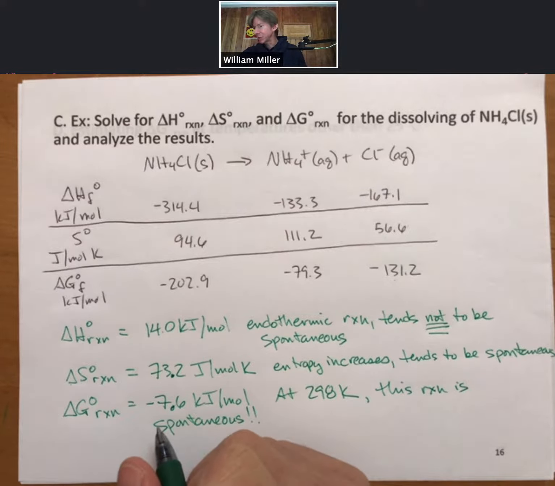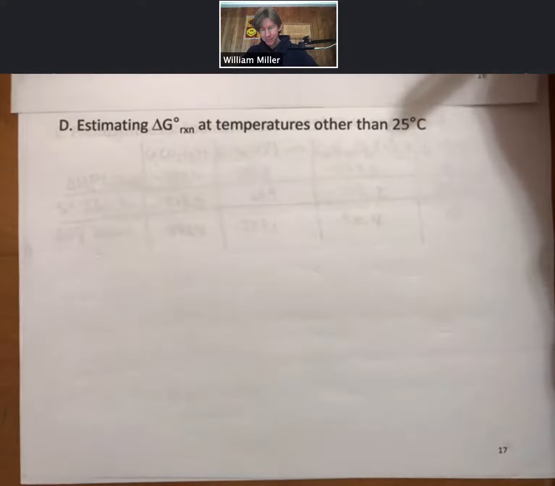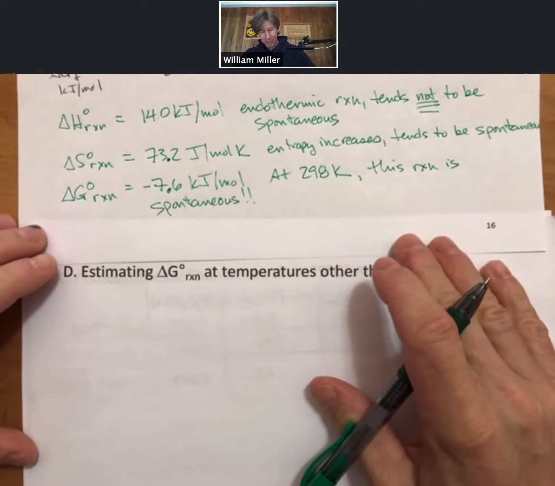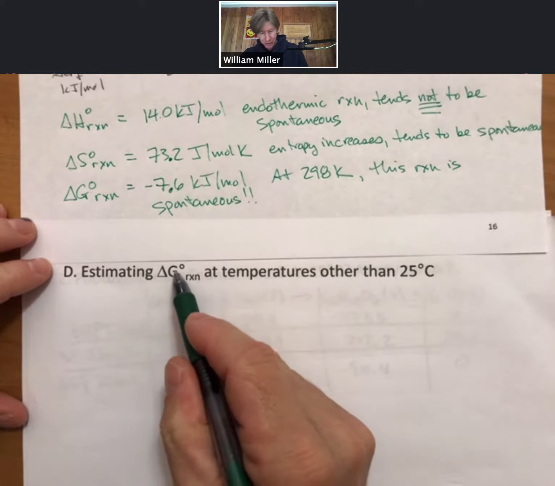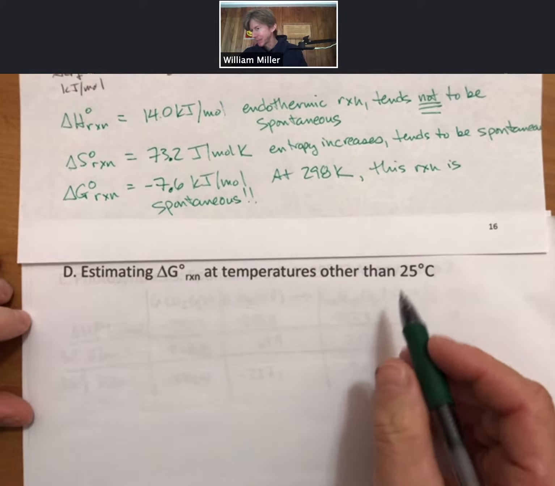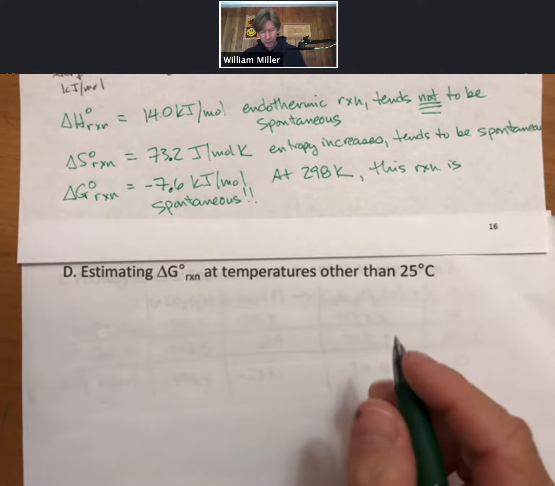And I think that's what we're going to do now. So I'll keep these handy, and let's now talk about estimating delta G naught reaction at temperatures other than 25 degrees Celsius.